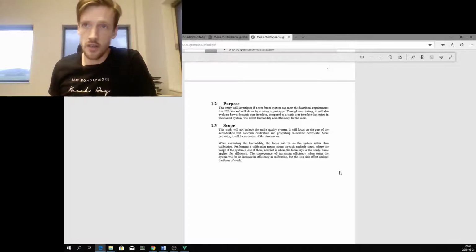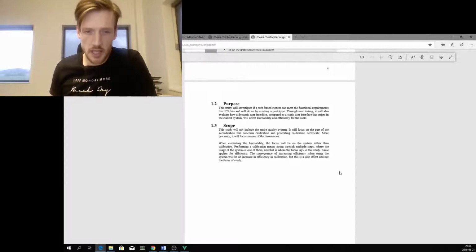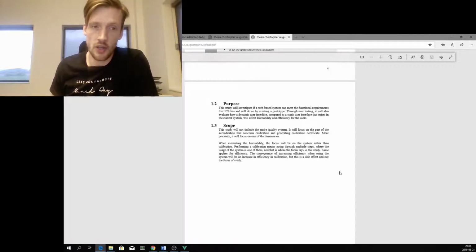So what this study has done is investigate if a web-based system could be a possible replacement and if it can meet the functional requirements stated in the appendix, by creating a prototype with a web-based system. This study has evaluated basically if it can meet the same functionality as the current system.